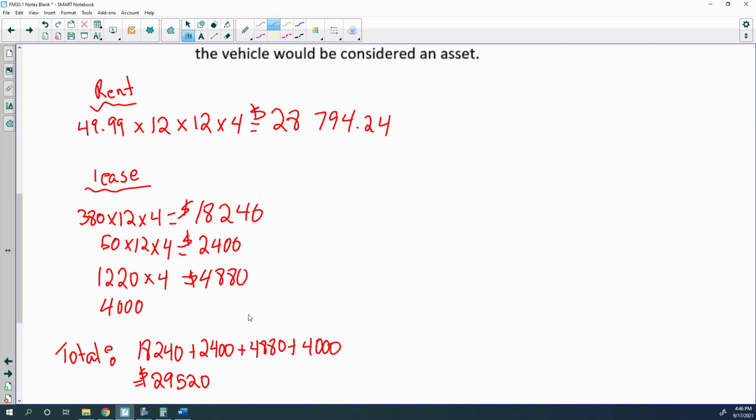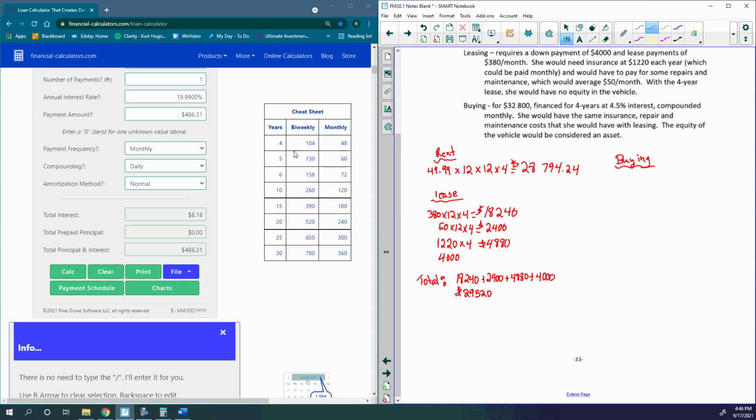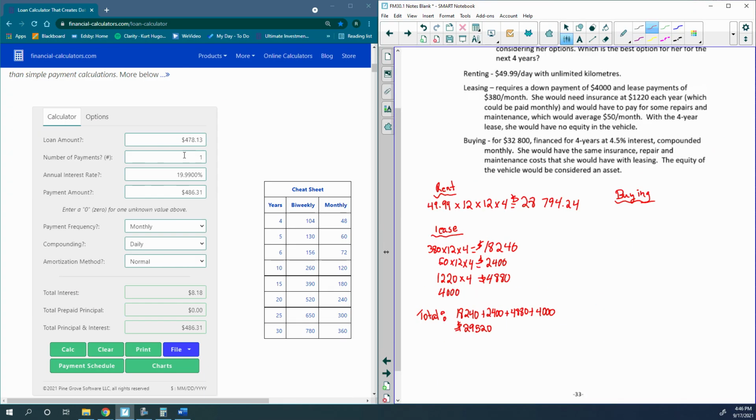And then the last one is for buying. So for that one, we're going to go to our financial calculator. So it's for $32,800. So that's going to be my loan amount. It's financed for 4 years at 4.5%. Our interest is 4.5, compounded monthly.